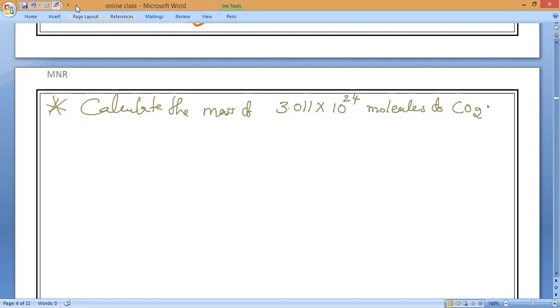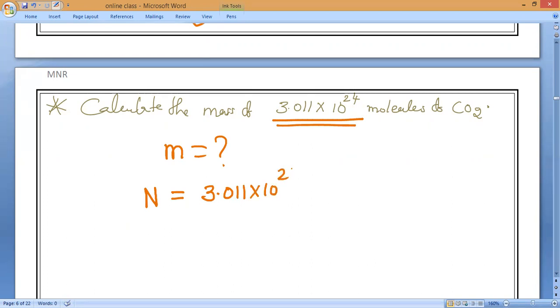Yes, we have to calculate the mass. So mass is equals to question mark. What have they given here? Number of particles: 3.011 into 10 power 24 molecules of CO2.